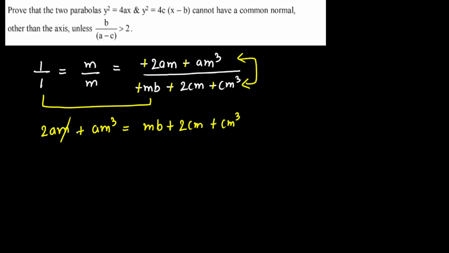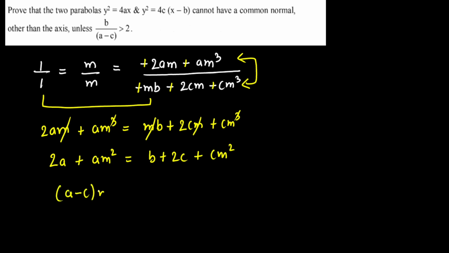So from here m and m will cancel out. The remaining is 2a plus am square is equal to b plus 2c plus cm square. Now I'm going to calculate the value of m square. So let's collect the coefficient of m square, that is a minus c multiplied by m square is equal to b plus 2c minus 2a.